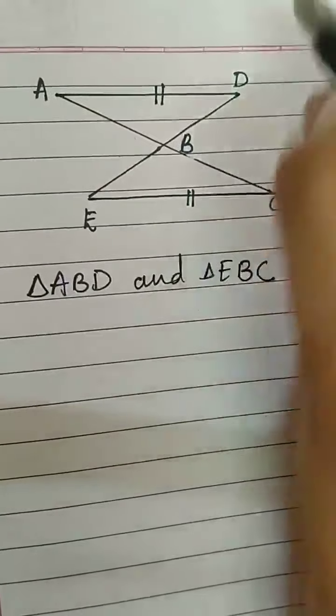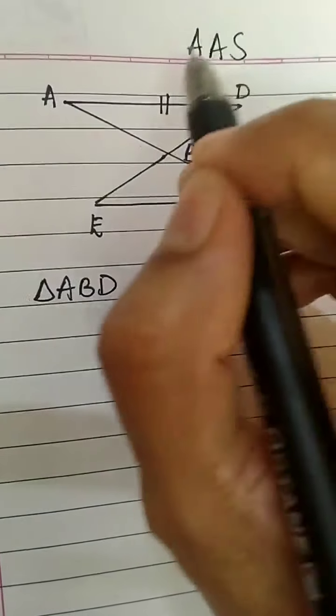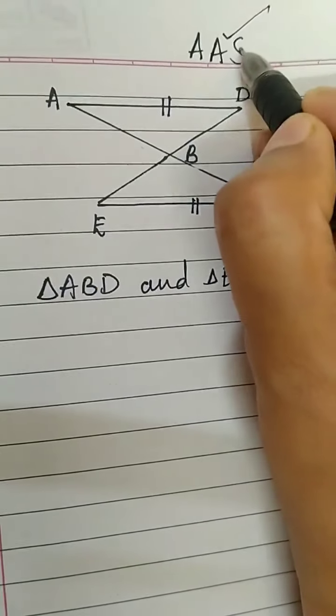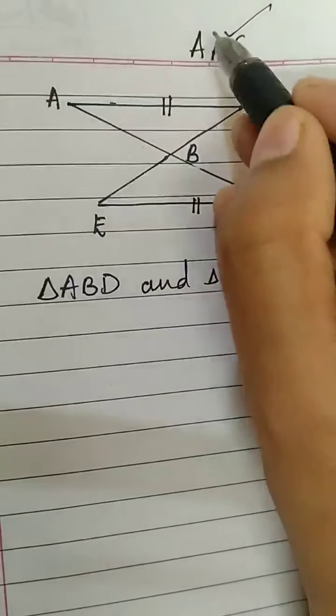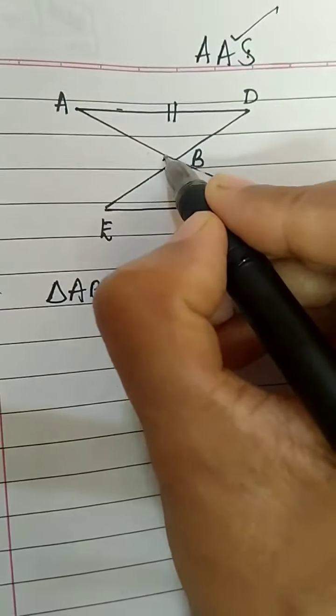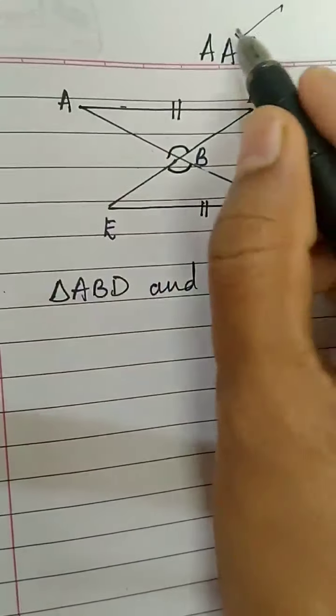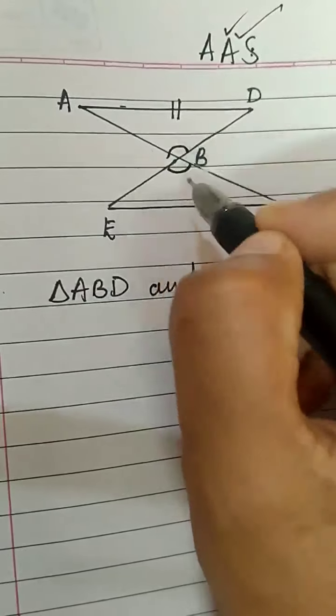test. So AAS means it is angle, angle, side. So out of this, side is already there. Side is given. Now we have to find out two angles. One angle, as you can see here, this angle is congruent to this angle because both are vertically opposite angles.